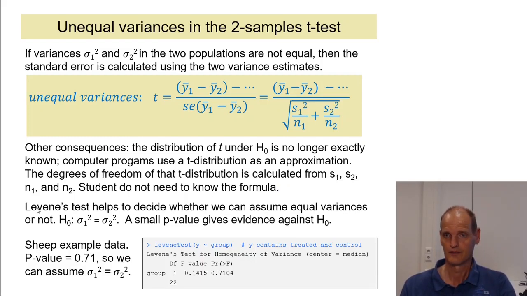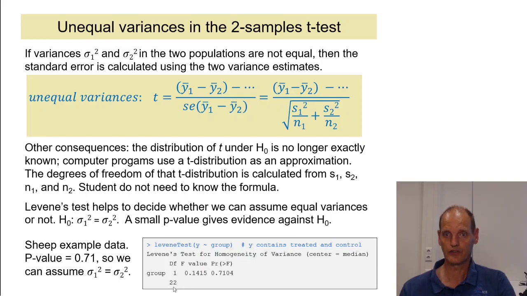Levene's test helps us to decide which case we should choose, because since it is population variances, we don't know them. We can estimate them, but we do not know them. But using the sample variances, we can do Levene's test. Levene's test, Y versus group. Y contains treated and control data, and we see here an F value and a p-value.